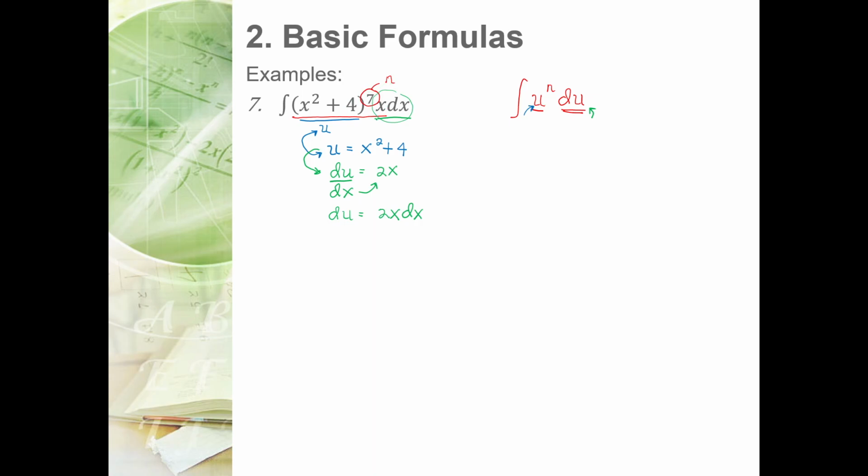So what is left to substitute is your x dx term. This one is x dx, and then we have 2 in the equation. For this to be valid in replacing, divide everything by 2. So this becomes du over 2 is equivalent to x dx. We can now replace it above. So this term is du all over 2.